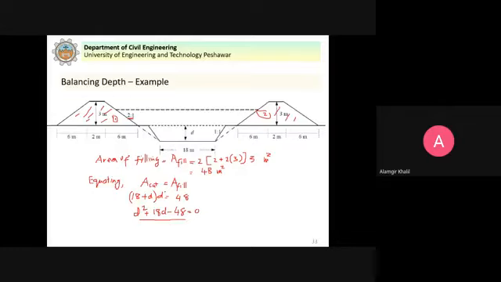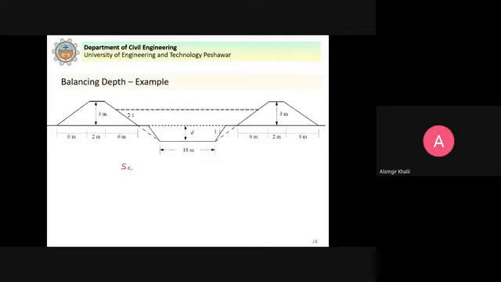So just solving, either by quadratic formula or by equation solver, we will get two roots for the depth D. One root is positive, that is 2.357 meter, and the second root is negative, minus 20.357.